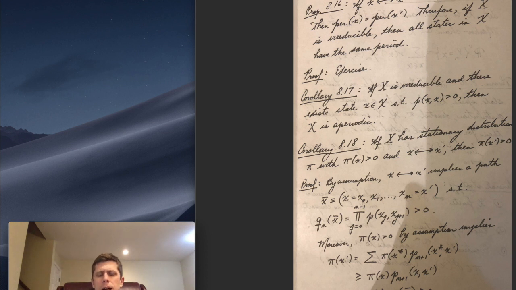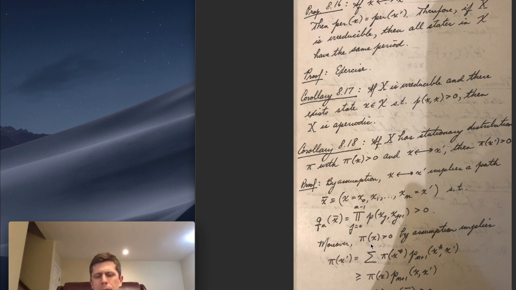By assumption, x and x prime communicate, and what that means by definition is that there exists a path x0, x1, and so on up to xn, where we start at x and end at x prime, and such that this path has strictly positive probability. So there exists a path that takes us from x to x prime. That's by the definition of x prime being accessible from x.